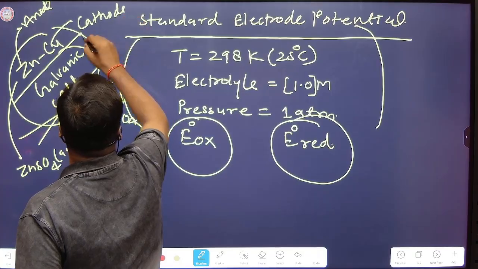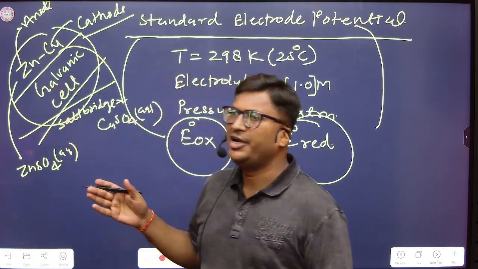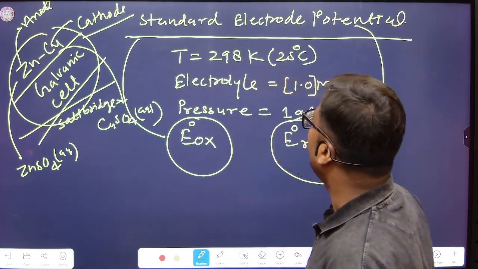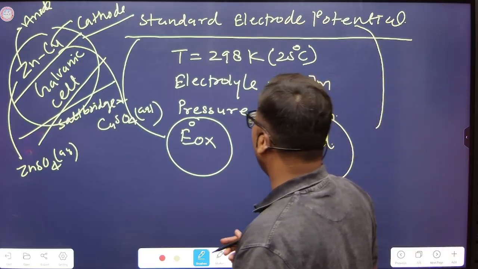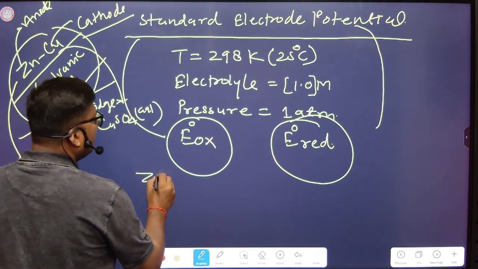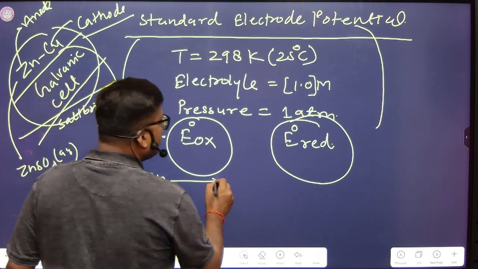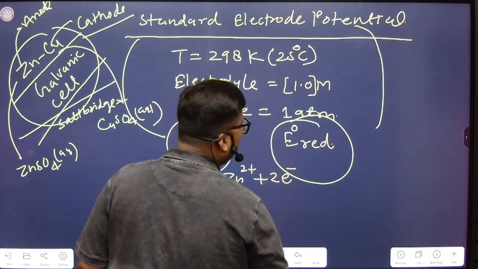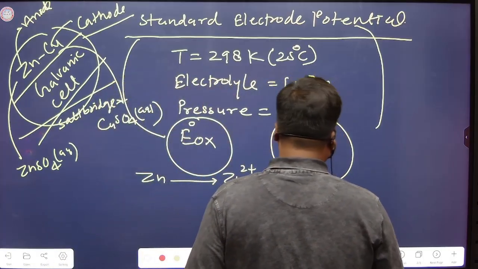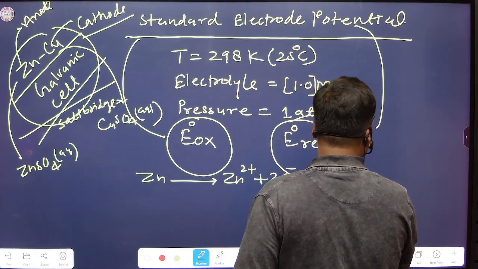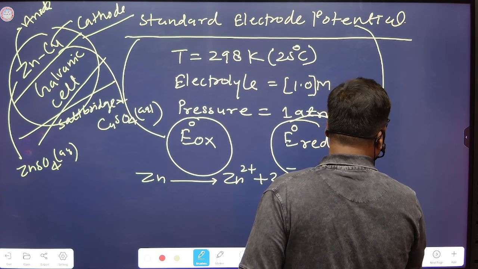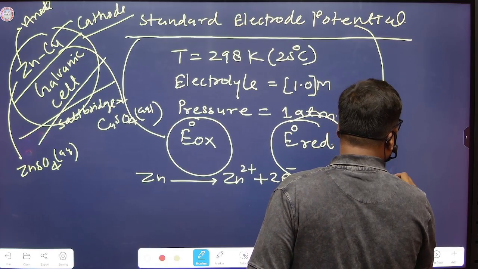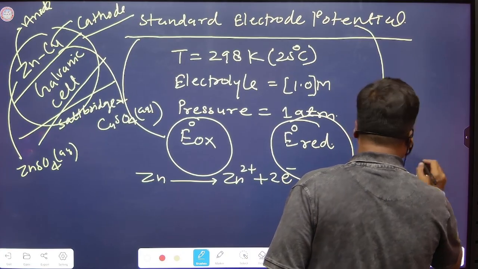Because of the electrode potential, as I showed you in the previous lectures, when zinc gets oxidized, Zn to Zn2+ plus 2 electrons, it has a standard reduction potential of minus 0.76 volt, right?